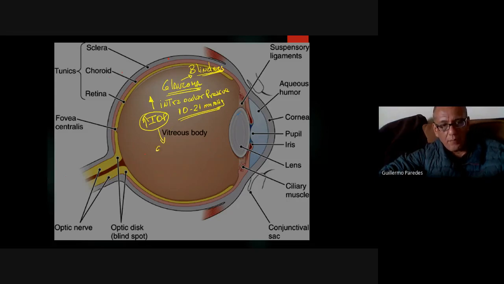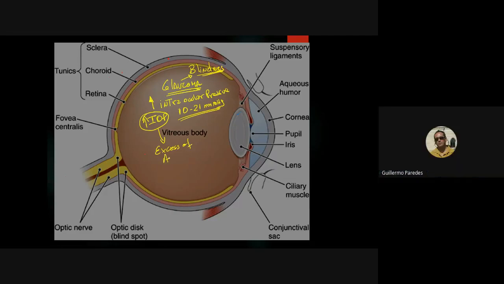Because you have an excess of aqueous humor. Who produces the aqueous humor? The ciliary gland. Where is the ciliary gland? In the posterior chamber. Here. Remember, 360 degrees, because it's around; this is just one cut.